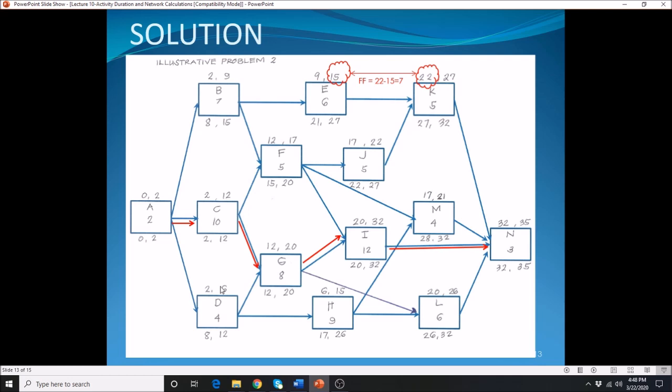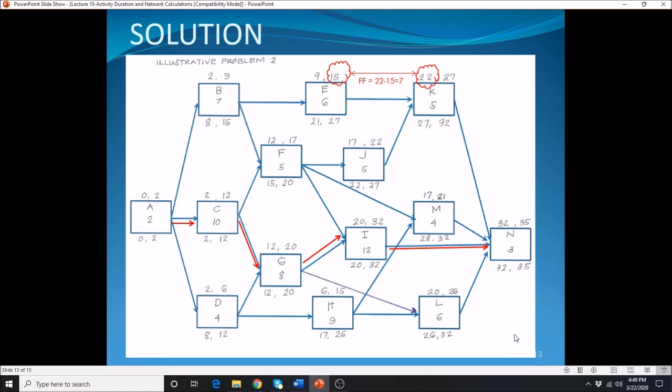Activity D has numbers that are not the same at the top and the bottom, so it is not a critical activity. Here, activity G, they have the same numbers. It is critical. Activity I, they have the same numbers. They are critical. Activity N, they have the same numbers at the top and the bottom.